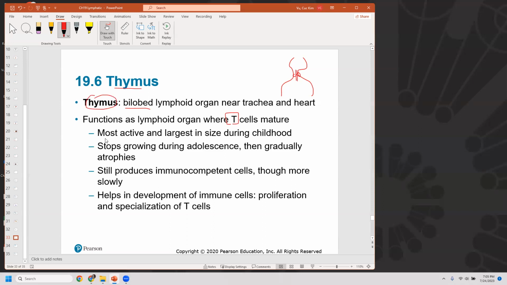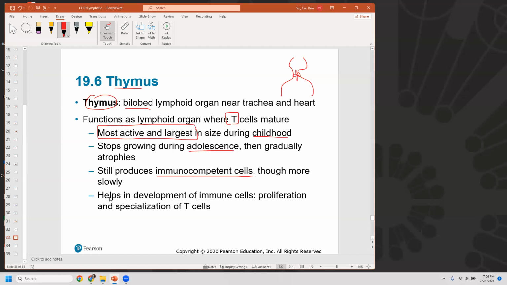Interestingly, it's most active and largest during childhood. It does shrink as you move into adolescence, and that's what atrophy means. It means it shrinks. Regardless of whether it's the large or the small version, it still will produce immunocompetent cells. It's just that when you become an adult, it produces less.